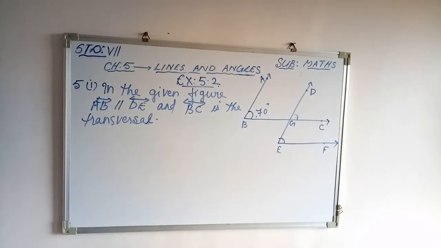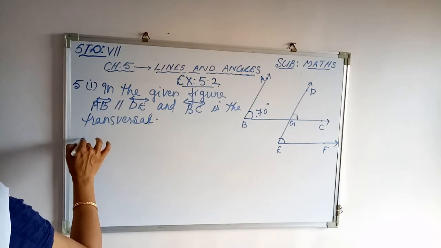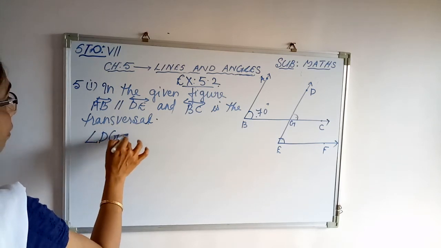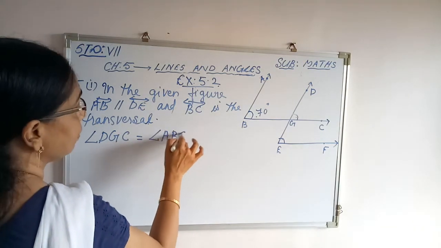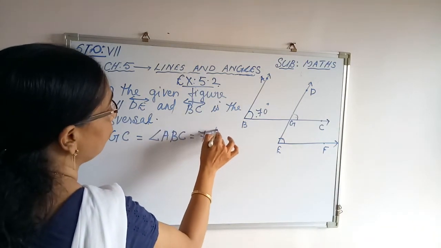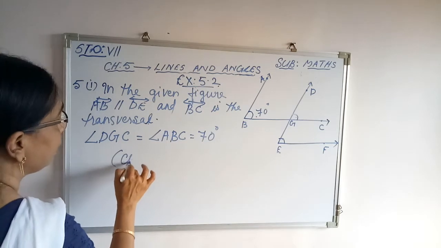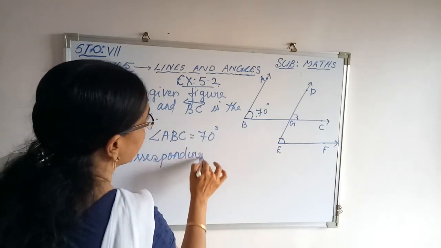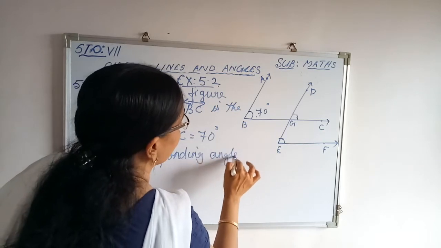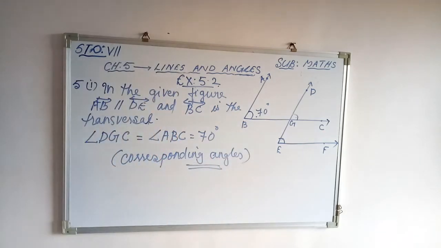Therefore, we can write angle DGC will be equal to angle ABC, that will be equal to 70 degree. The reason, they are the corresponding angles. So one angle already we got, that is angle DGC.